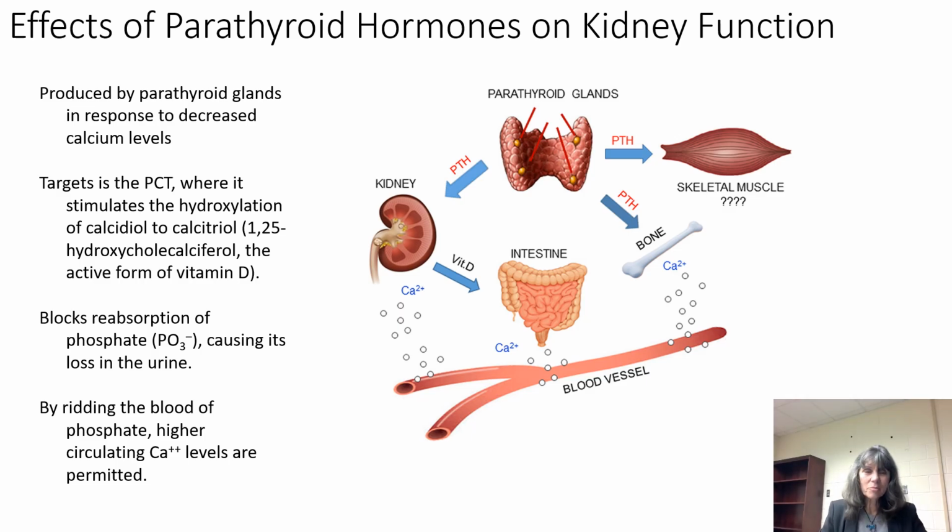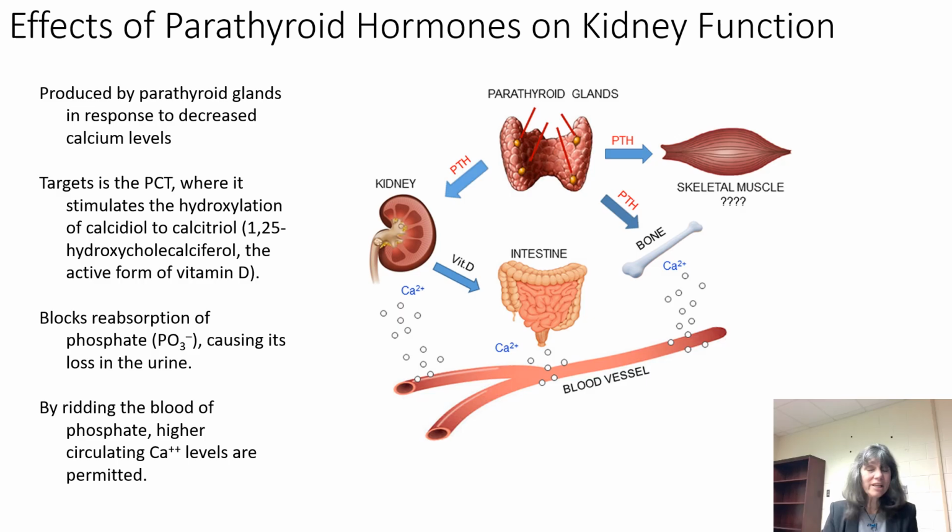It's going to target the proximal convoluted tubule, where it not only stimulates the resorption of calcium, it also stimulates the hydroxylation of calcidiol to calcitriol, forming the active form of vitamin D. It blocks resorption of phosphate, causing us to lose phosphate in the urine, and by getting rid of phosphate, we have higher circulating levels of calcium in our blood, which is what is required when they fall to levels that are too low.